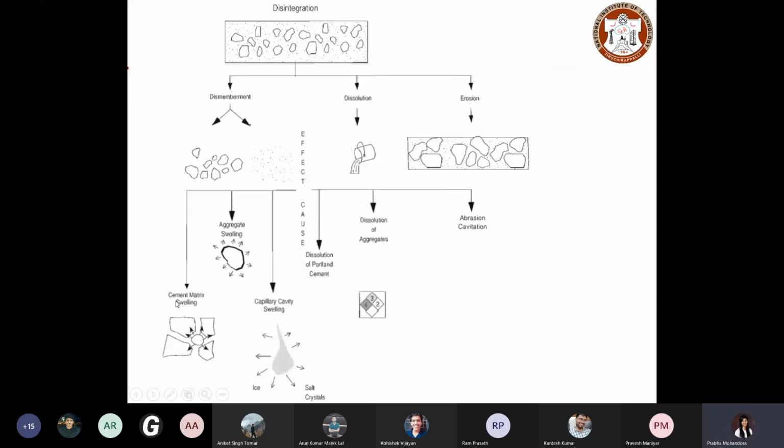And then you can experience capillary cavity swelling if your concrete is subjected to constant moisture condition. Then the free pores inside the concrete can absorb some water. And these are some effects and causes that you can expect when you have concrete in different environmental situations.